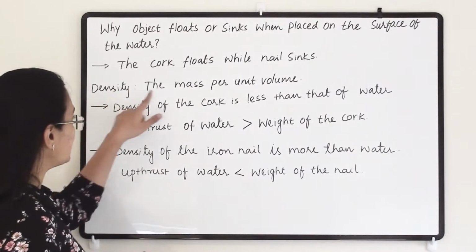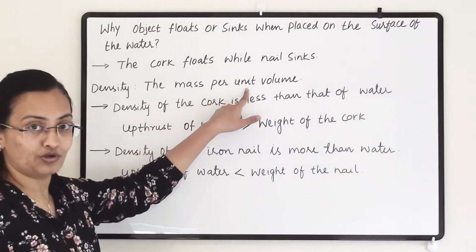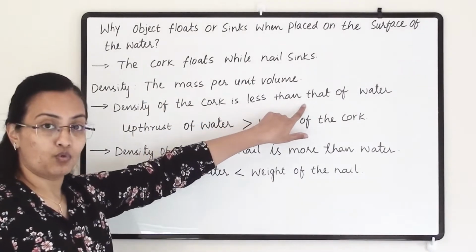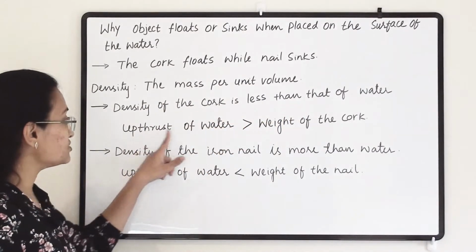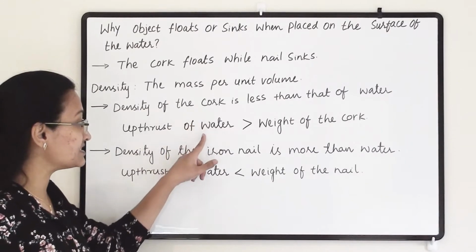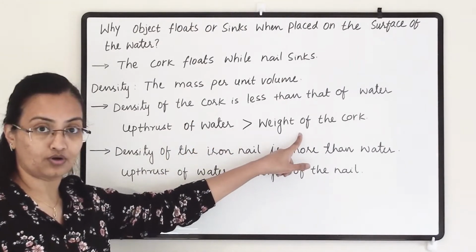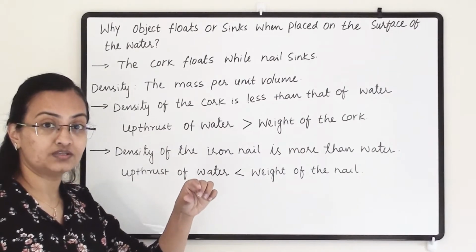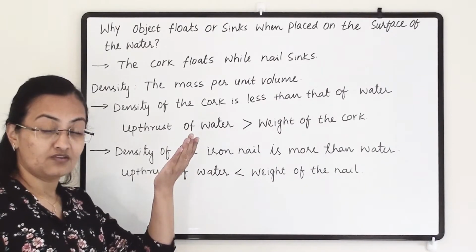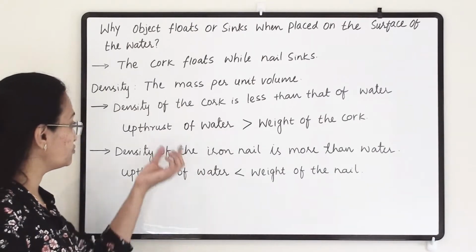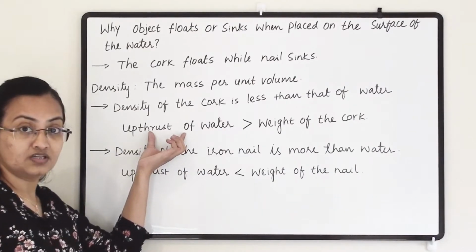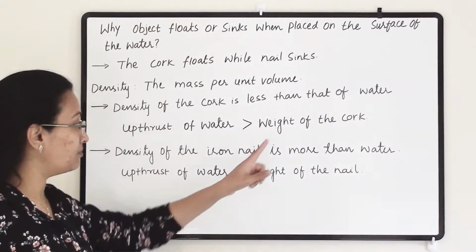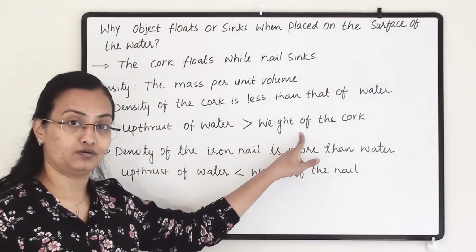What is density? Density is mass per unit volume. The density of the cork is less than that of the water. So the upthrust of water in this case is larger compared to the weight of the cork. When we place a cork on the surface of the water, the upward force, which is the buoyant force, also known as the upthrust of water, will be higher than the weight of the cork.